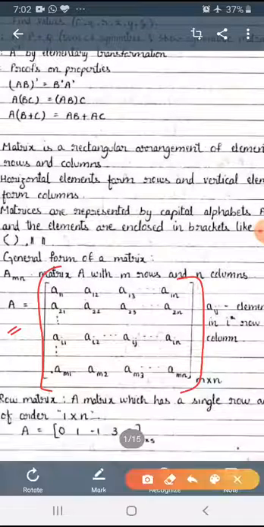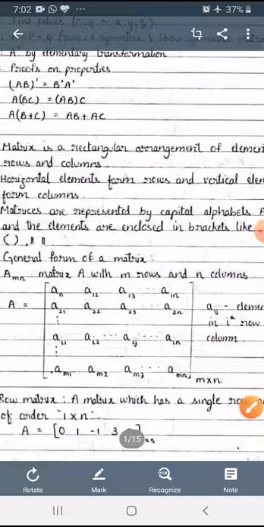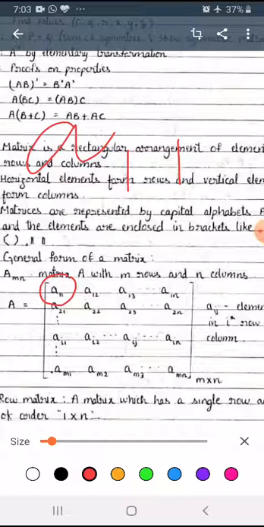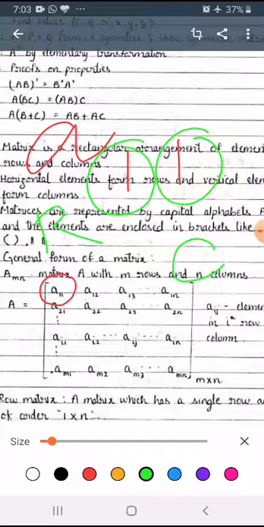Particularly, what we are observing here: in the first row, the element a11 is the point of intersection of the first row and first column. Here the first index is the representation of rows, and the second one is the representation of columns.